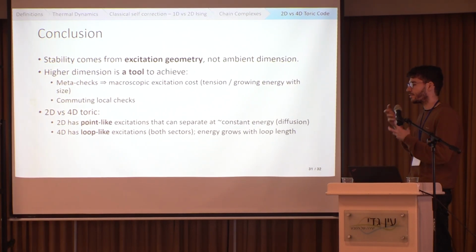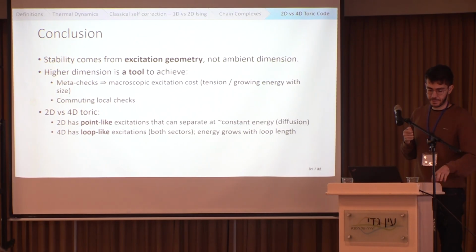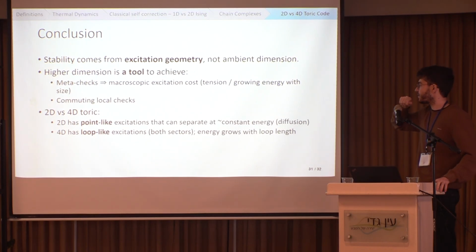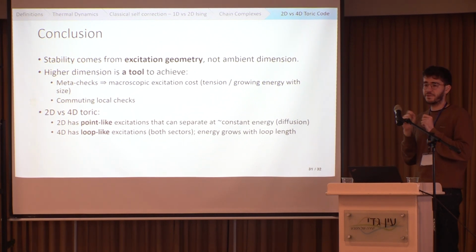The higher dimension lets us get two things: additional vector spaces that create the geometry in which we have a macroscopic excitation cost, and also the ability to have the local checks commute.